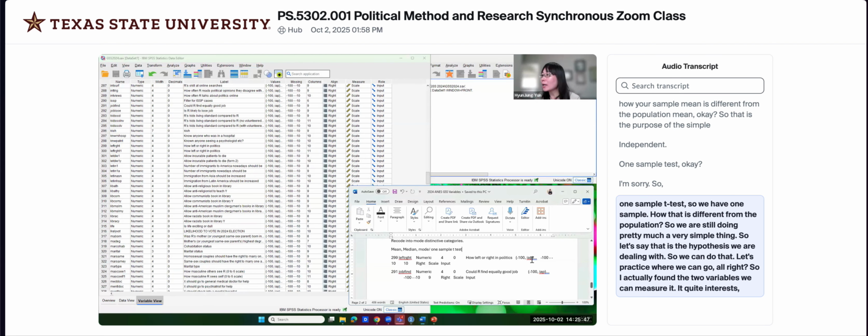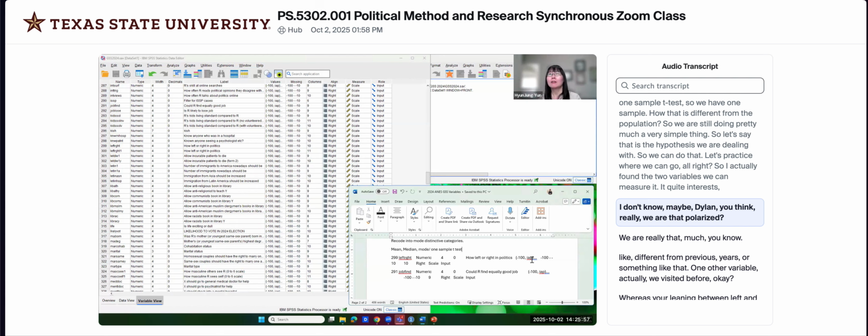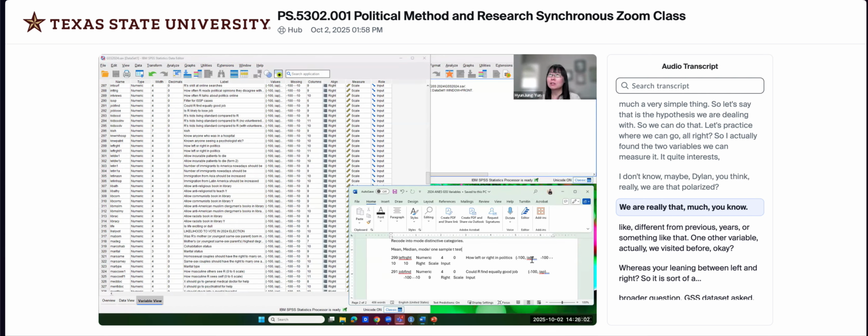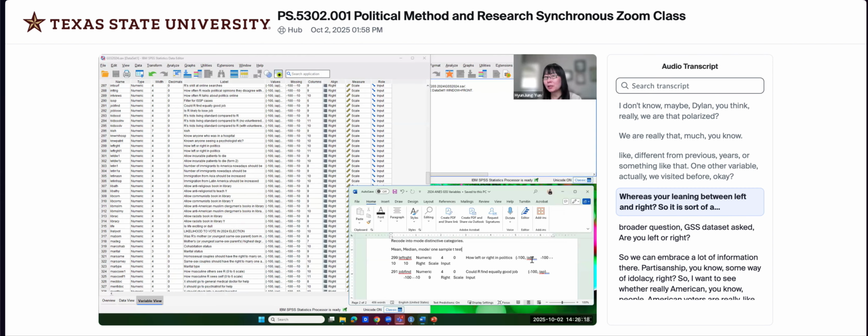All right. So I found two variables we can measure. It's quite interesting. Maybe Dylan, do you think we are really that polarized, that different from previous years? One of the variables we visited before: where is your leaning between left and right?